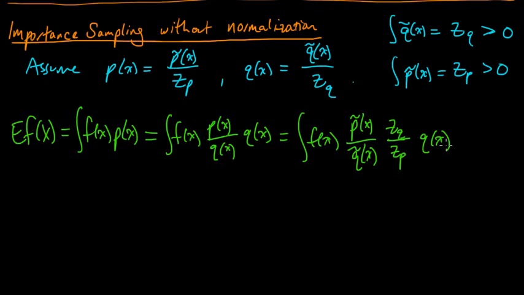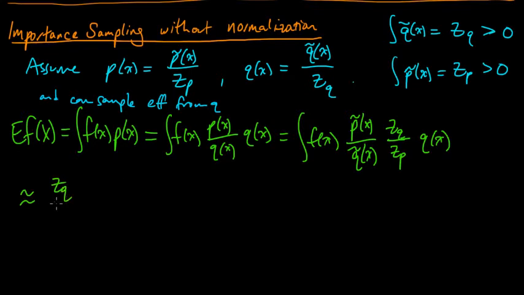Now we can do a Monte Carlo approximation, and we're assuming here that we can sample efficiently from q, and that we can evaluate p tilde and q tilde. So let's write down what the Monte Carlo approximation is.